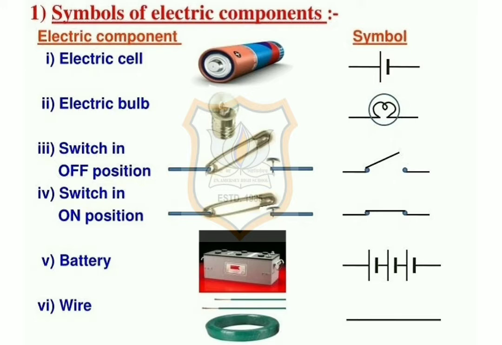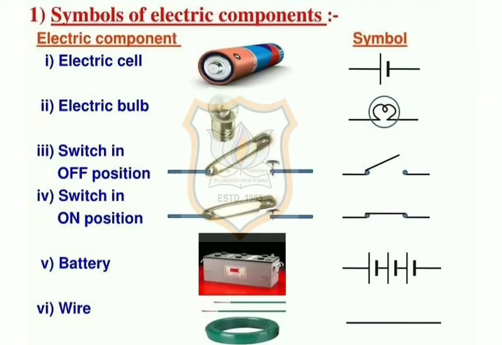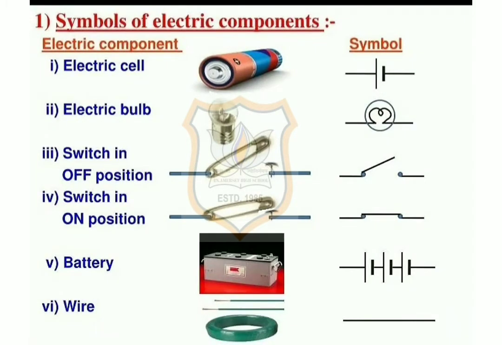In the symbol of electric cell, the longer line represents the positive terminal and the thicker shorter line represents the negative terminal. You can see the symbol of electric bulb. For a switch, the on position and the off position are represented by the symbols as shown. The wires used to connect the various components in a circuit are represented by lines.